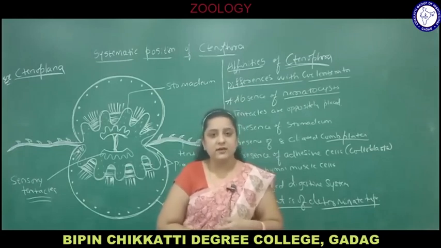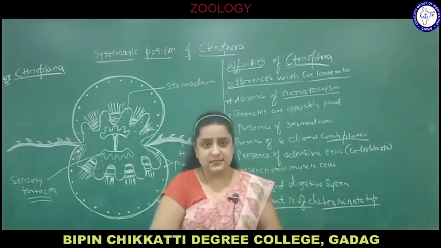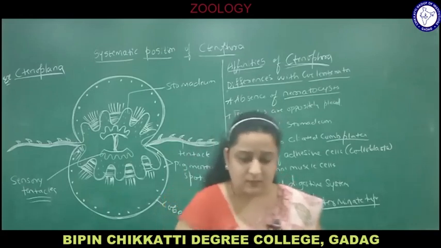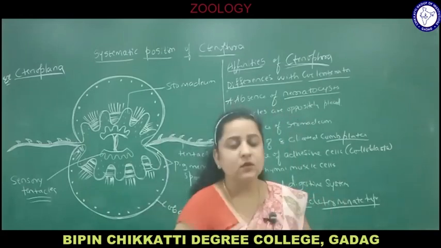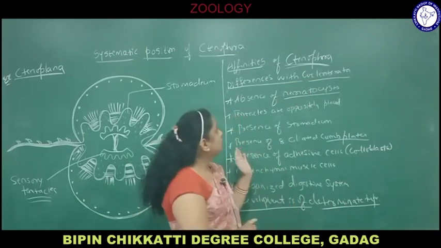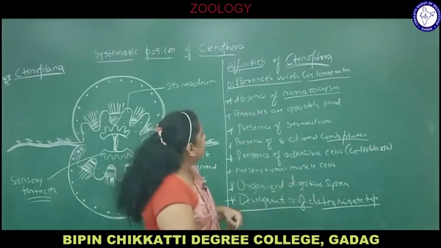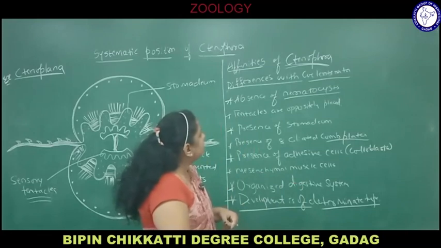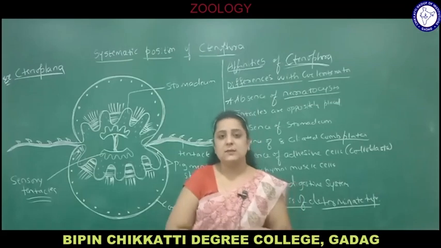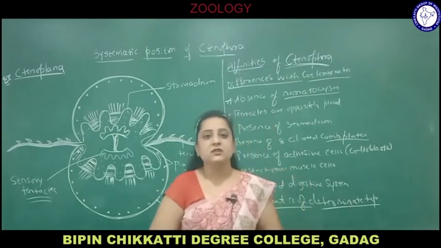Class Tentaculata is divided into 4 orders: Cydippida, Lobata, Cestida and Platyctenea. Class 2 Nuda has only a single order called Beroida. Nuda are the animals without tentacles. Tentacles are present only in the class Tentaculata.